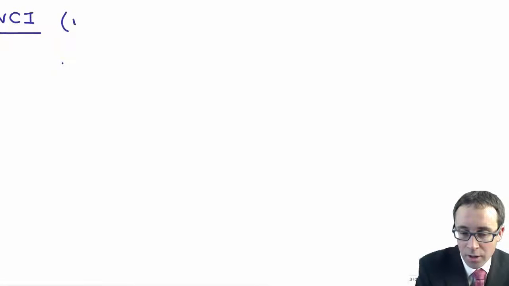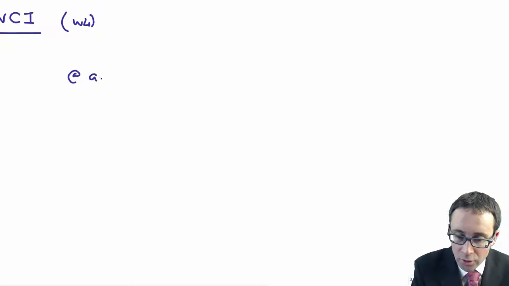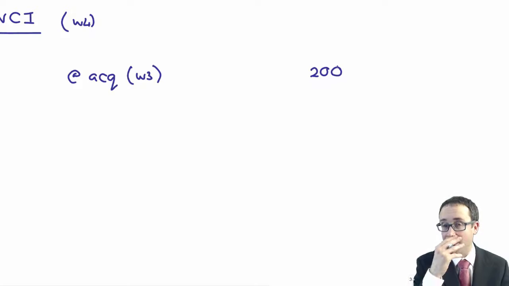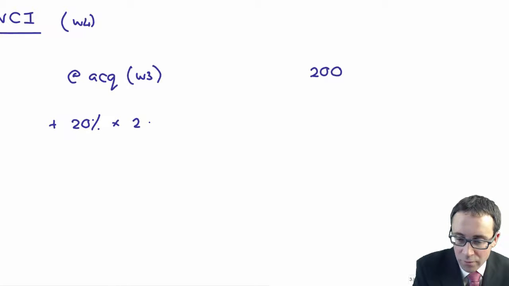Talking about NCI, let's work on with our non-controlling interest working, and working number, is it 4? So we go through there and take the non-controlling interest at acquisition, which is that figure that we took from, was it working 3, that we calculated of 200, wasn't it? To that, we're going to add on 20% of the post-acquisition profits.